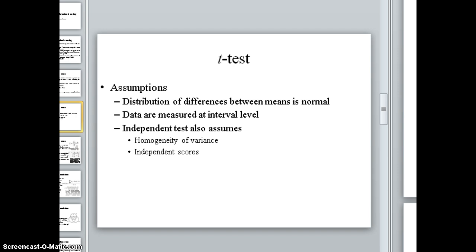Heterogeneous is the opposite of homogeneous. The independent samples t-test also assumes that the scores are independent of one another, and that last one's a bit of a no-brainer. The paired samples t-test, also called the dependent samples t-test, is for dependent scores. The independent samples t-test is for independent scores.